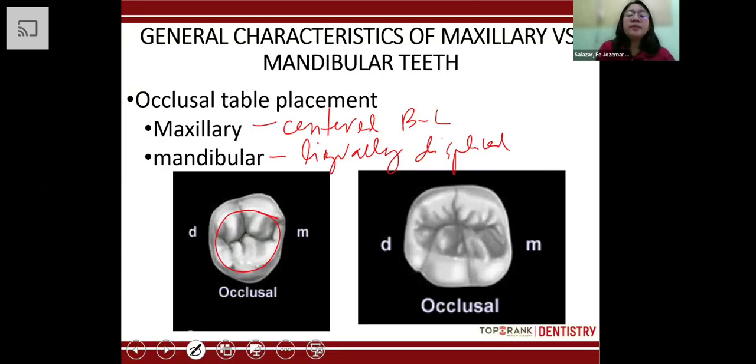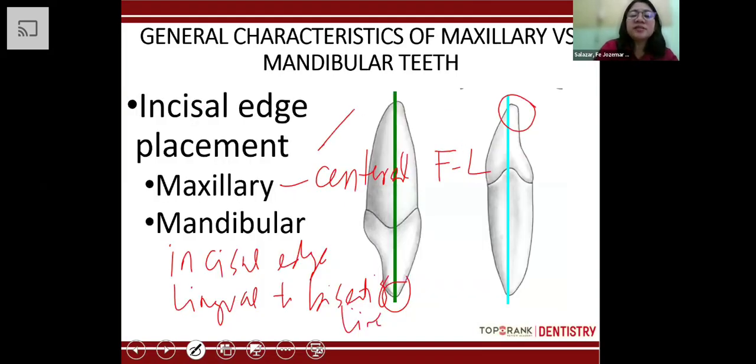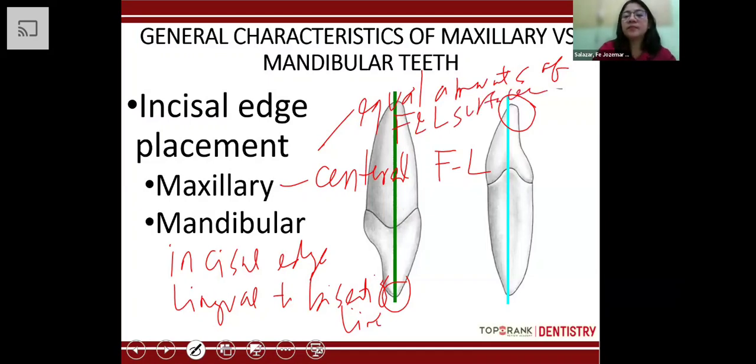Okay? So from the occlusal or incisal view, kapag maxillary, you see equal amounts of facial and lingual surfaces. Kapag mandibular, hindi equal kasi nga nakalingual.